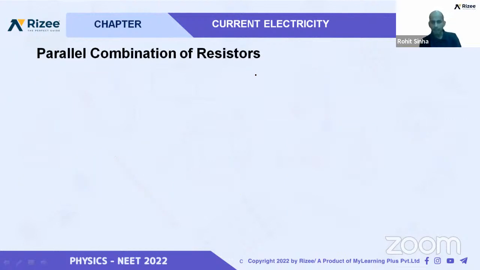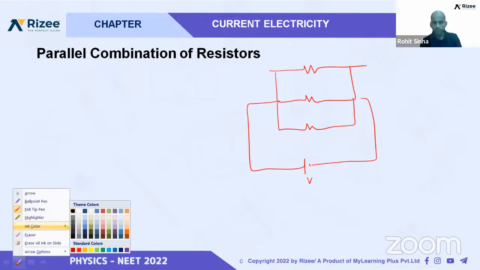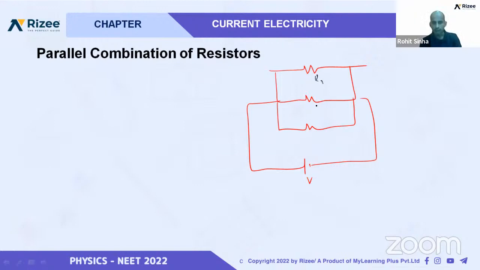Second, parallel combination of resistors. Let us suppose we have some resistance values like this. You should remember this circuit. And we have connected it to a cell V. The important point to remember here: it has R1, R2 and R3.